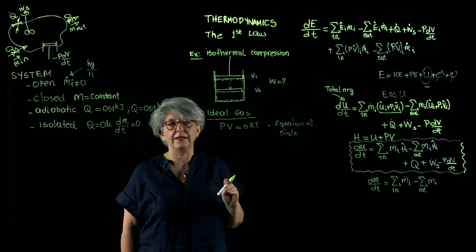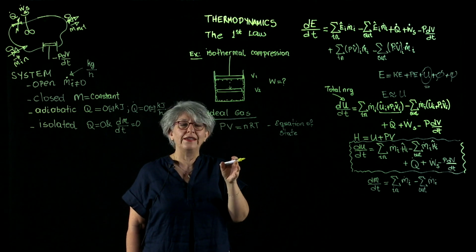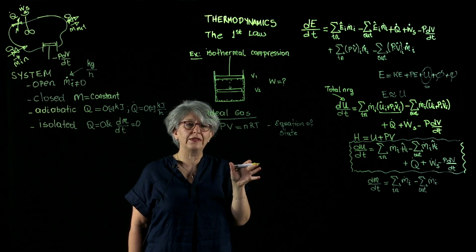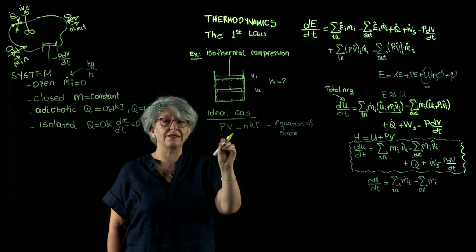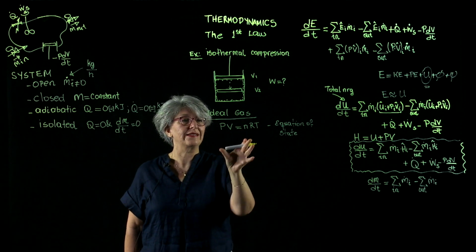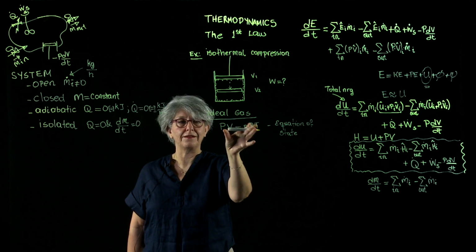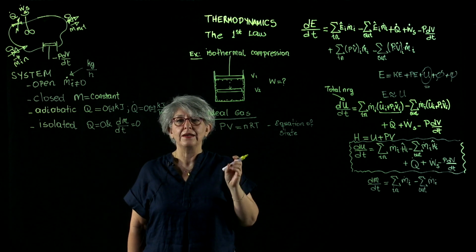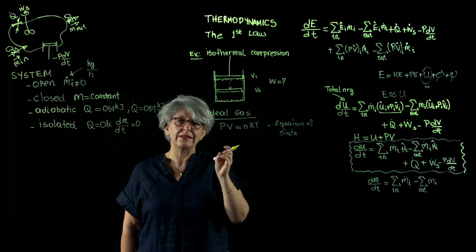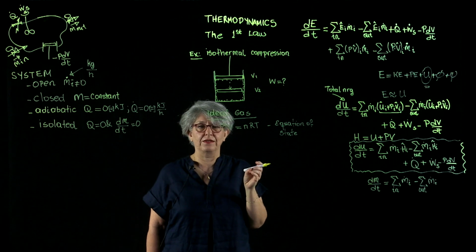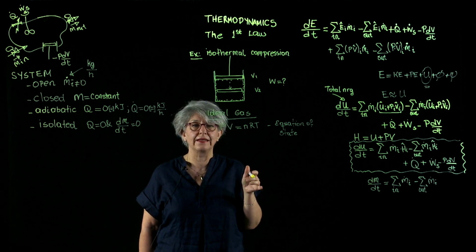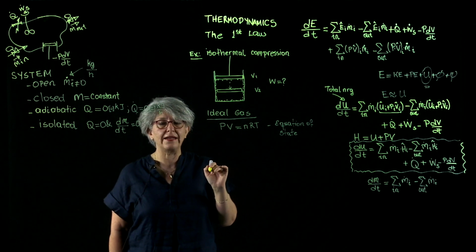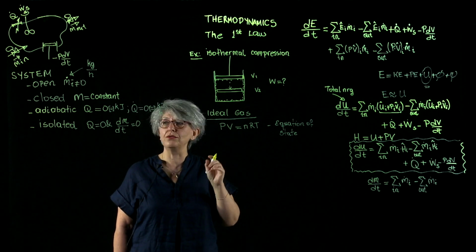Through the ideal gas equation, we can determine the state of a system that has the characteristics of the ideal gas. What are those characteristics? What makes a gas an ideal gas? What makes a gas an ideal gas are two assumptions.